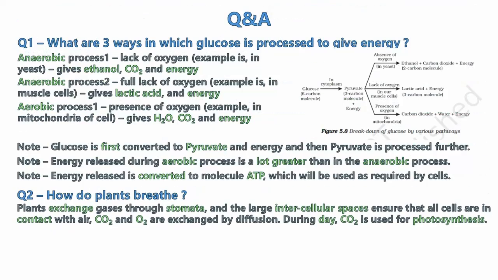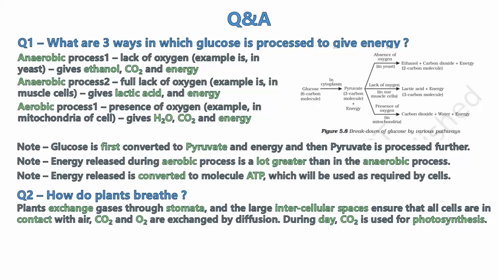How do plants breathe? Okay, plants exchange gases through the holes known as stomata. Okay, and the large intercellular spaces ensure that cells are in contact with the air. Okay, CO2 and O2 are exchanged by diffusion.